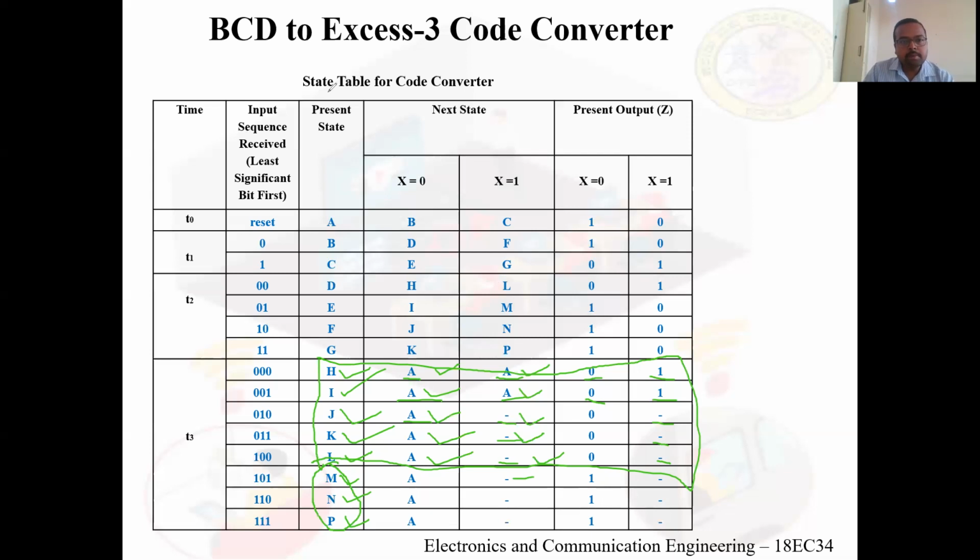Now the same state table will come with a reduced table. As I said, H, I, J, K, L are the same because the next states and outputs are the same. Similarly, M, N and P are all the same states because the next states and outputs for X equal to 0 and 1 are the same. Now we'll come to the reduced table.